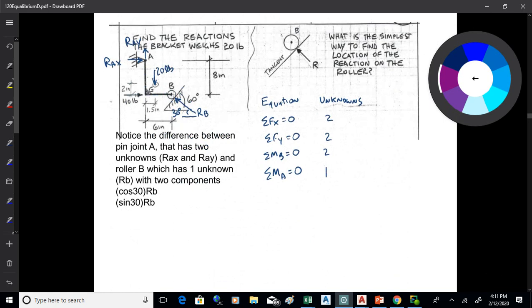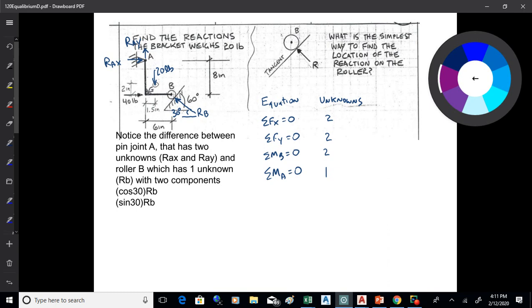We went through this on Monday. So in the x direction, we've got REX, but also RB. So let's have 2 unknowns for the force equation. And in the y, we've got REY and RB also. RB's angled, so it's got x and y components, so that's 2 unknowns.